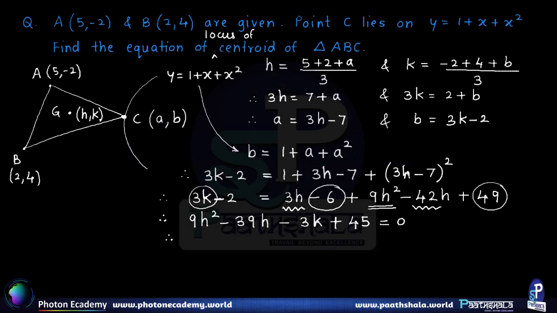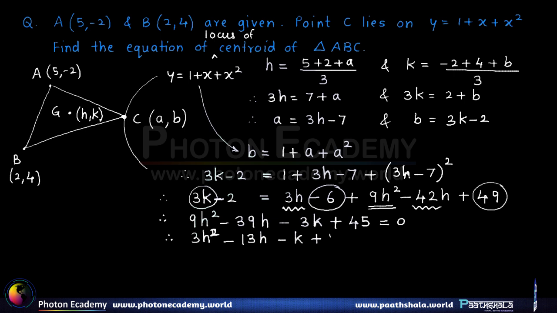So we can cancel out a factor of 3, and on cancelling 3 we have 3h² - 13h - k + 15 = 0.